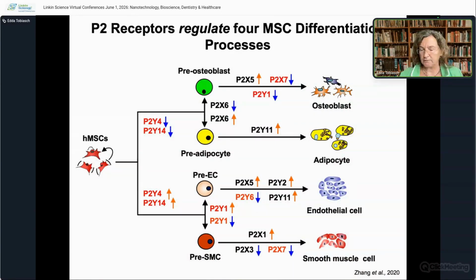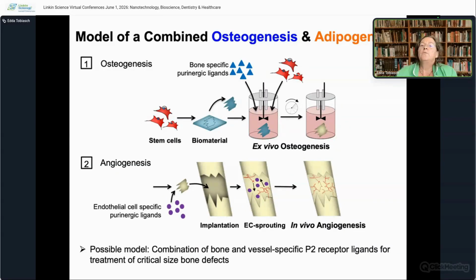Let me summarize that. We suggest a combined model of osteogenesis and angiogenesis. First, put stem cells on a biomaterial and put that in an incubator together with bone-specific purinergic ligands. Why? Because the bone cells will be in a very tight environment later on and cannot be released, so that has to be done in advance.